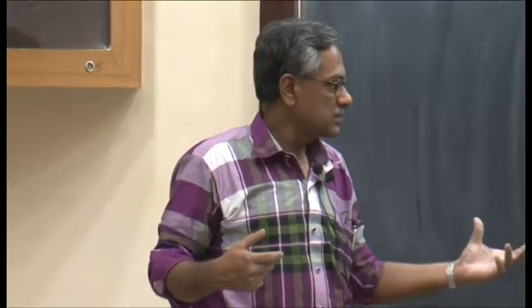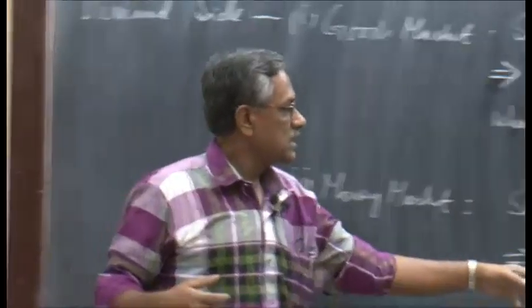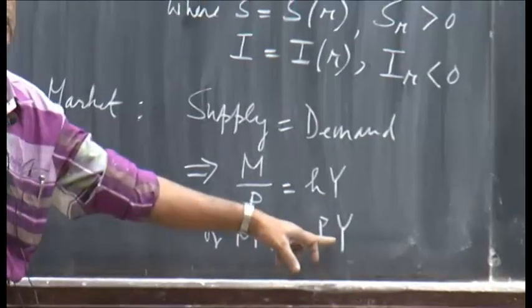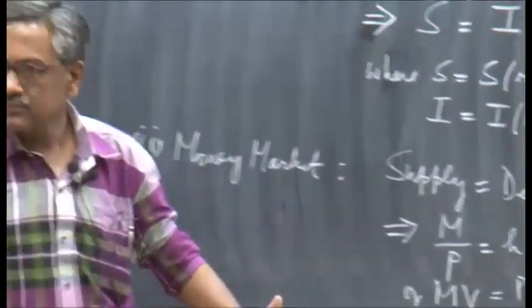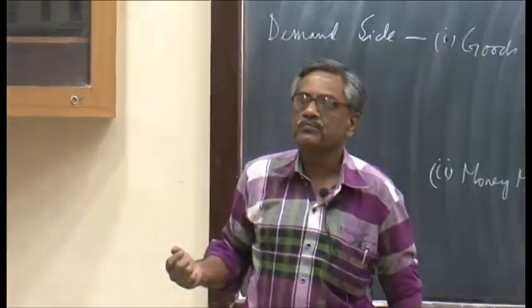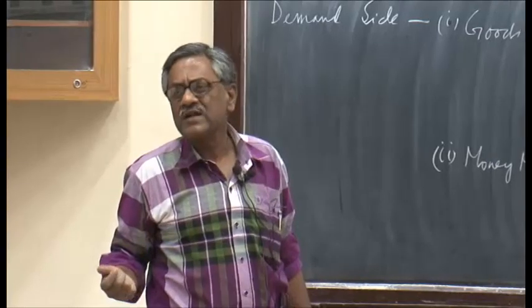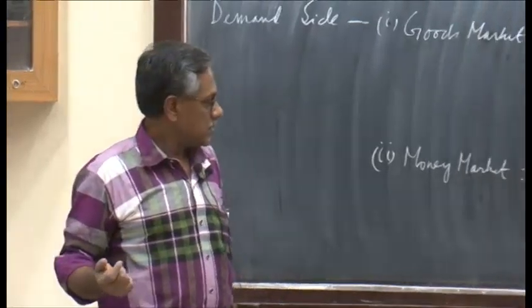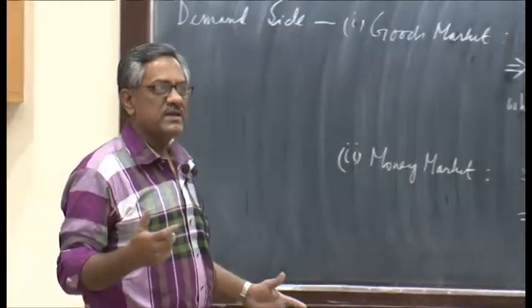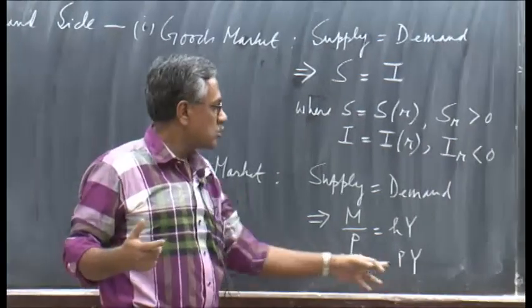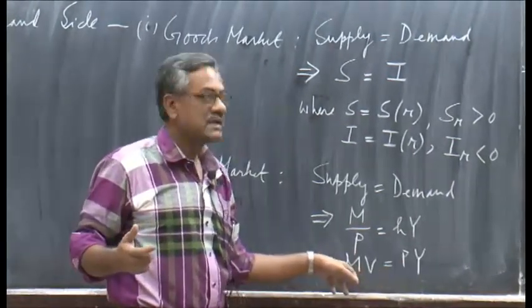So the total effective supply of money is equal to nominal income, because Y is real income, and times price it is nominal income, which is GDP at current market prices. Now remember one thing: the money required to transact the total value of goods is less than PY.